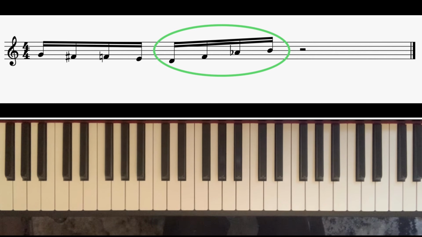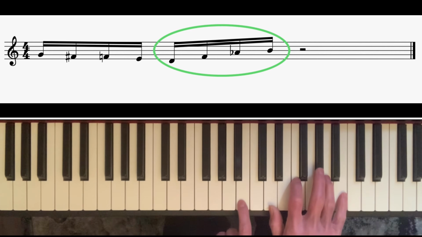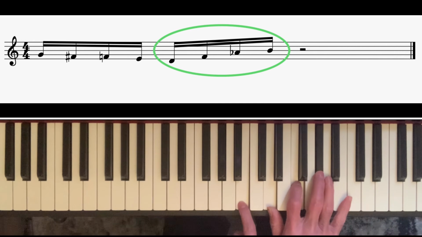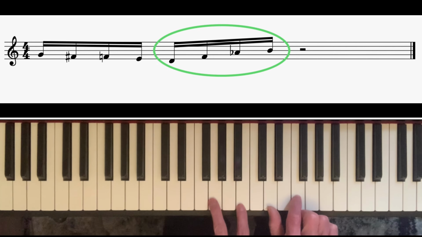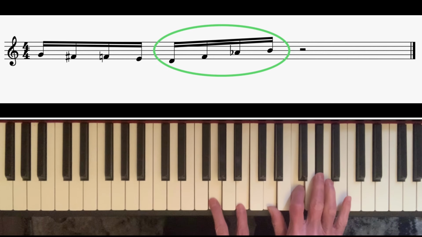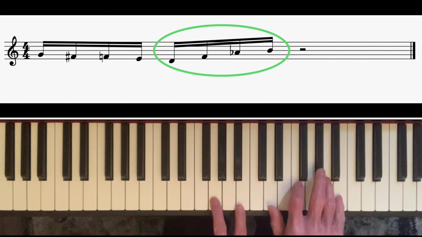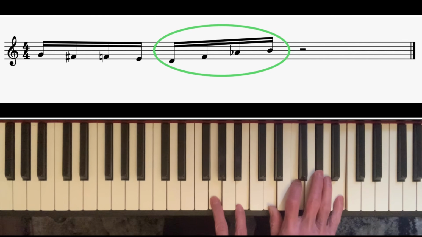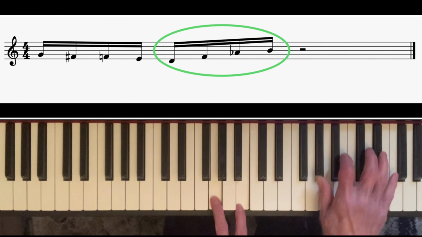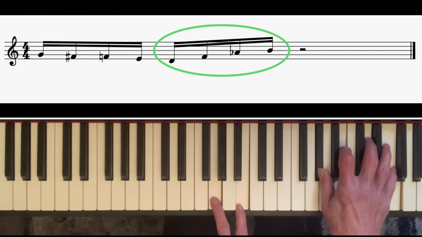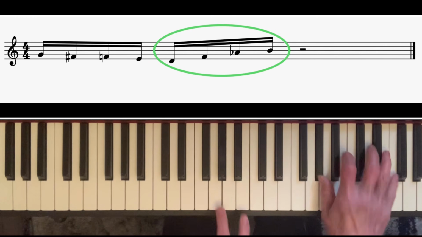And the reason for that, remember, is that this diminished 7th chord, if you add a G below it, you get a G7 with a flat 9th. So you can use that diminished arpeggio or that one, because they all contain the same notes.